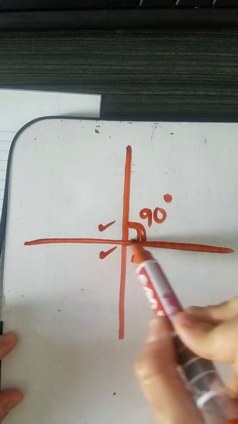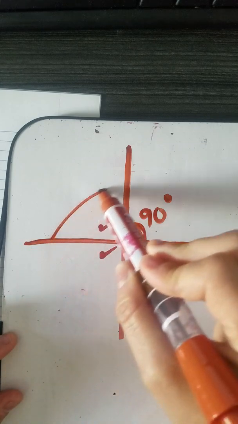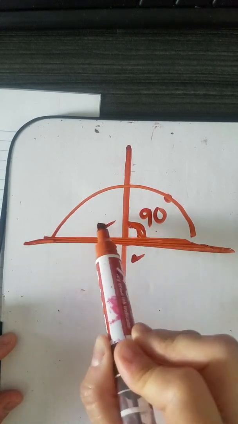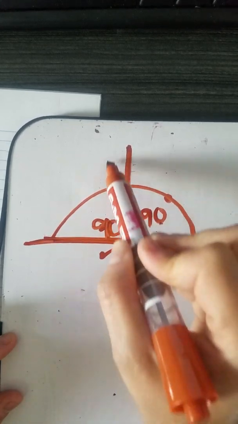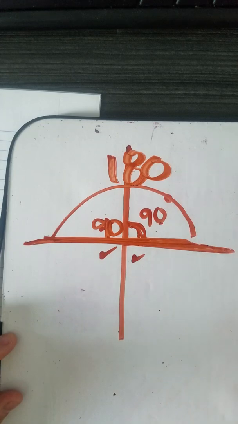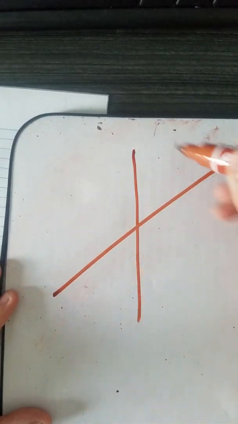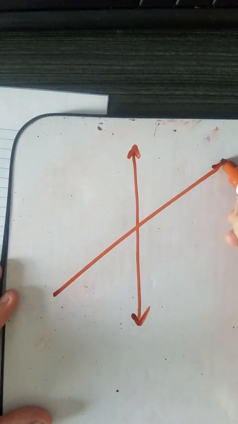Now, a line segment, which would be this one and this one, this whole entire thing that makes up a line, will be 90 and 90. That is 180 degrees. Now let's talk about vertical lines.